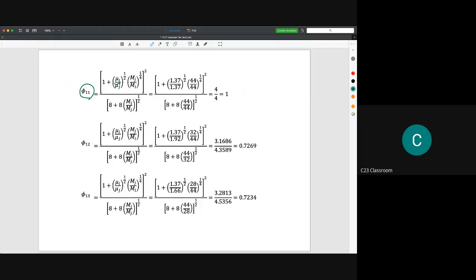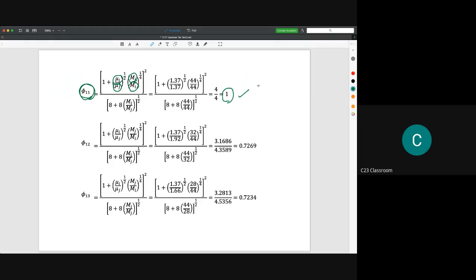You have a mu i and mu j, so we substitute all the values: the molecular weight of j here, the molecular weight of i. You substitute everything, and you will find that phi 1,1 is equal to 1, because it is the ratio between themselves. So the value is equal to 1.